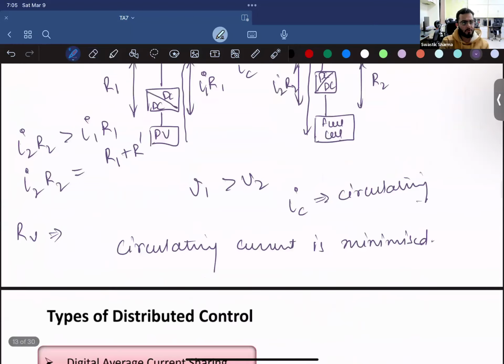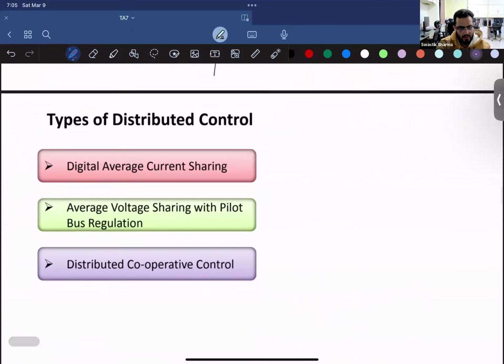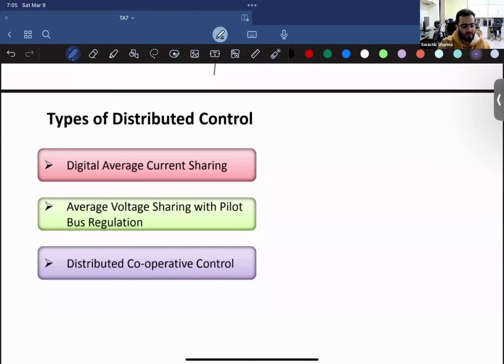Now coming to distributed control. So what does distributed control do? We distribute control functions throughout the whole network. So the first one is digital average current sharing.